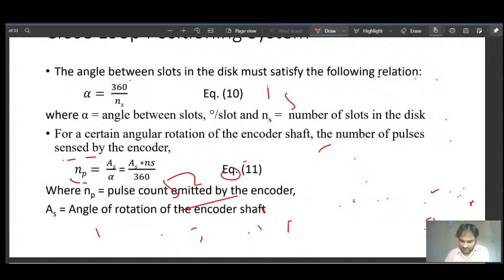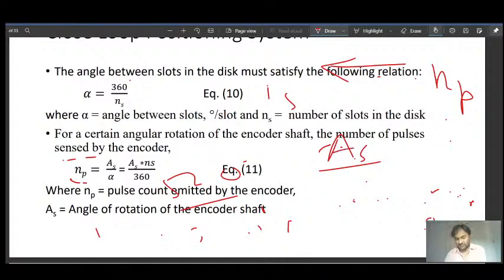We are not interested in the number of rotations, we are interested in counting the number of pulses the optical encoder has sensed.